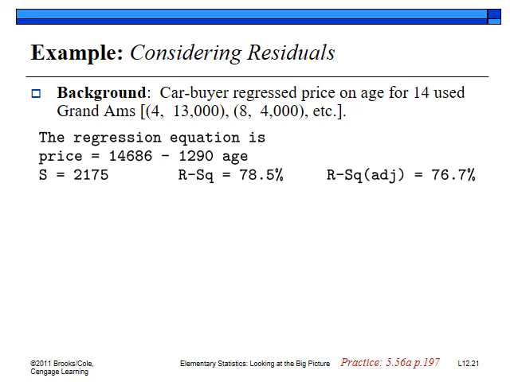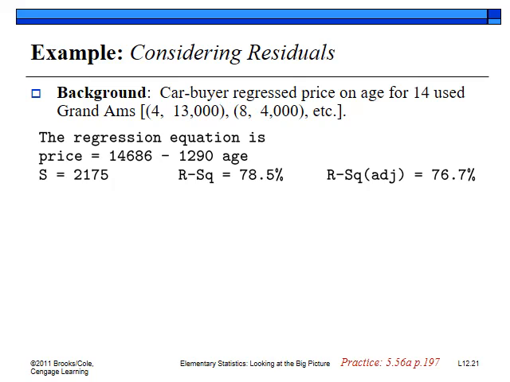Let's look at our Grand AMs again. Let's say the first two data points that were used to get the regression equation were 4, 13,000. So some Grand AM out there that's 4 years old costs $13,000, 8, 4,000, and so forth. The regression equation is 14,686 minus 1,290 times the age.